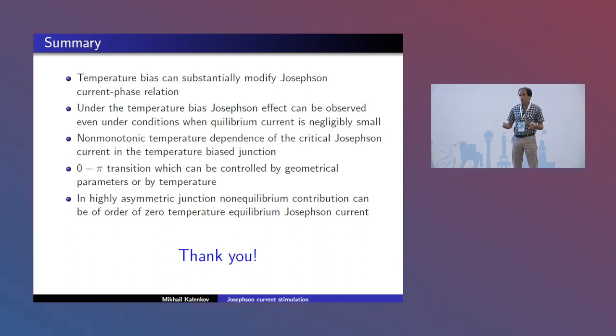And what's important, the temperature dependence of the Josephson current is 1 over T, the dependence of the non-equilibrium correction. So one can think about the situation where in equilibrium there is no Josephson effect, it is negligibly small, but applying the thermal bias, we can obtain the Josephson effect in this system. Thank you for your attention.